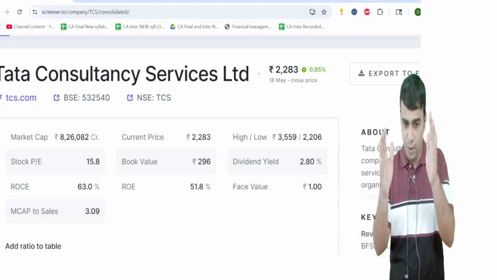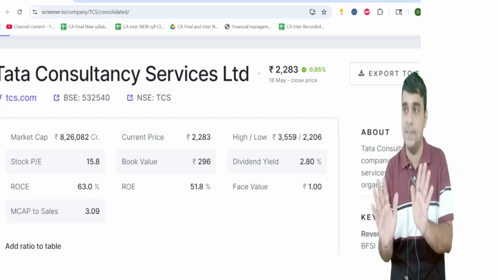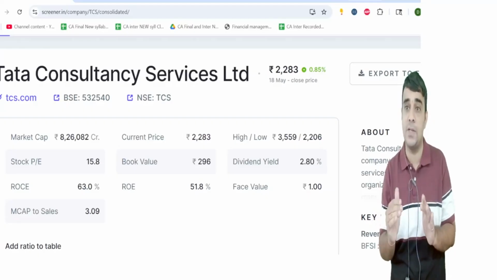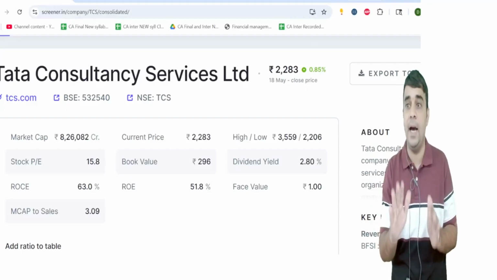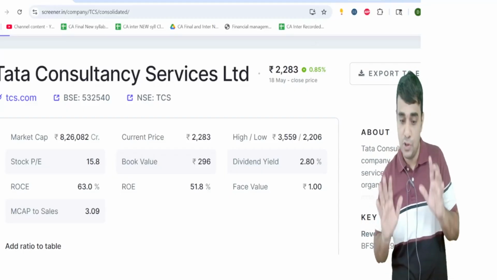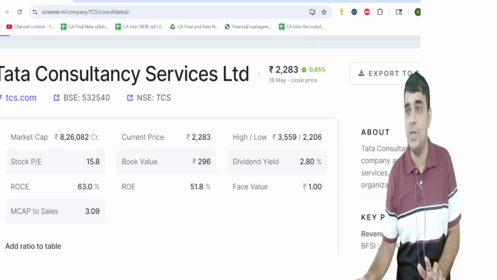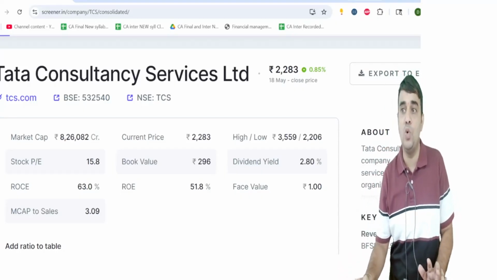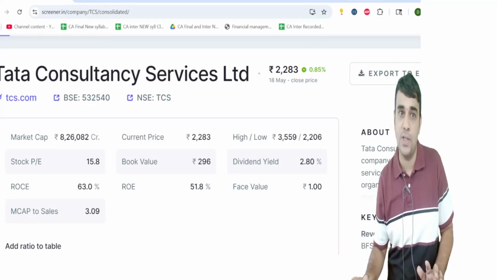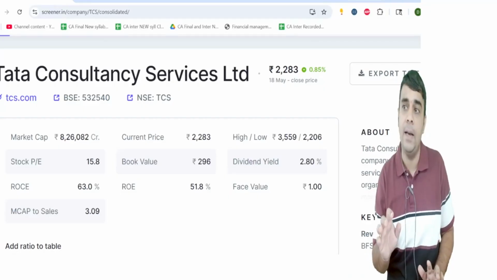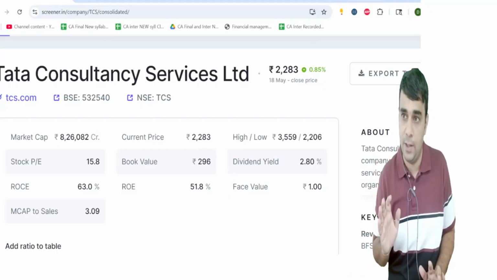If TCS gets wound up today, the value of the assets, that is share capital plus reserves and surplus, is all assets minus all liabilities other than share capital and reserves and surplus. So the balance sheet has an asset value of only 296 rupees per share.